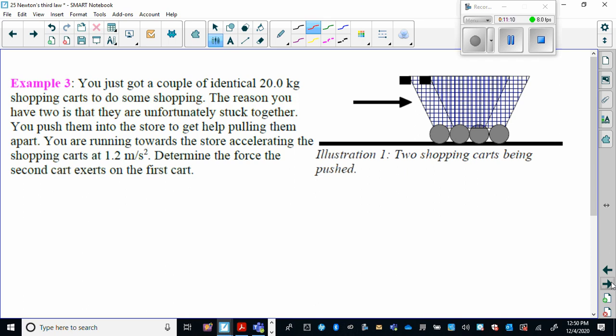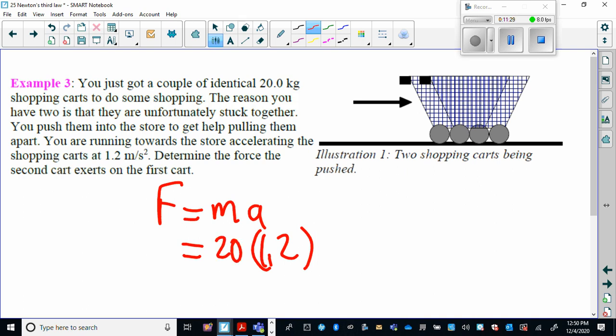F equals ma. You have the acceleration, it's 1.2. The only question is, what's m? You've got two identical cars, they're both 20 kilograms. Is the m 40 kilograms or is it 20 kilograms? And the answer is, it's 20 kilograms. Because the question says, determine the force the second car exerts on the first car.